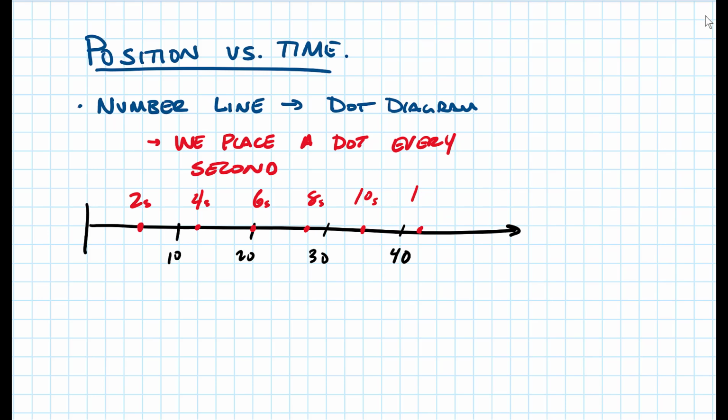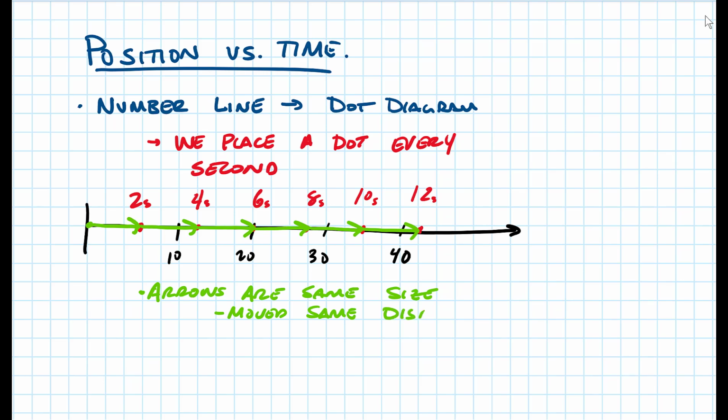And so the intervals here where you started, if we just draw an arrow for every little interval, those arrows are telling you about your motion. So the things that we notice here: the arrows are the same size. That means we moved the same distance per interval.